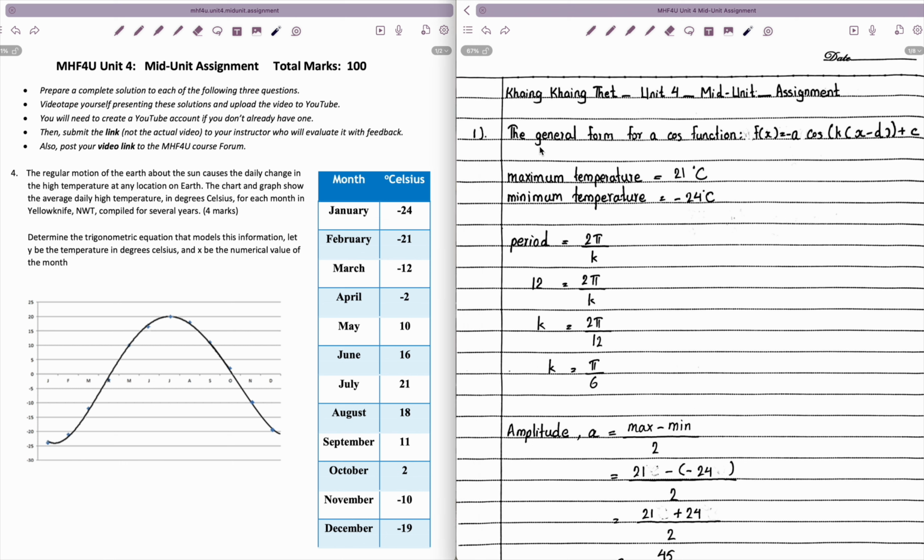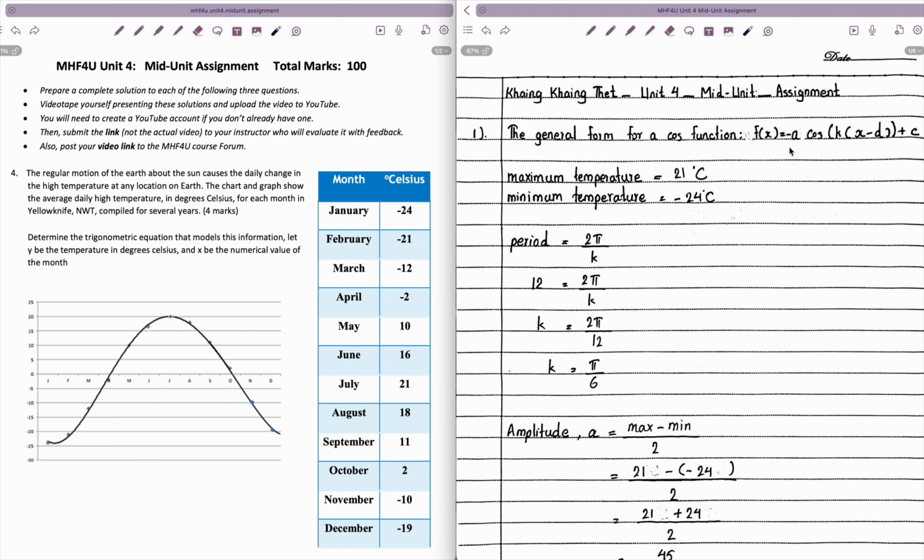So the general form for a cosine function f of x is negative a cos k times (x minus d) plus c, and we'll find the maximum point is 21 degrees Celsius and the minimum point is negative 24 degrees Celsius.